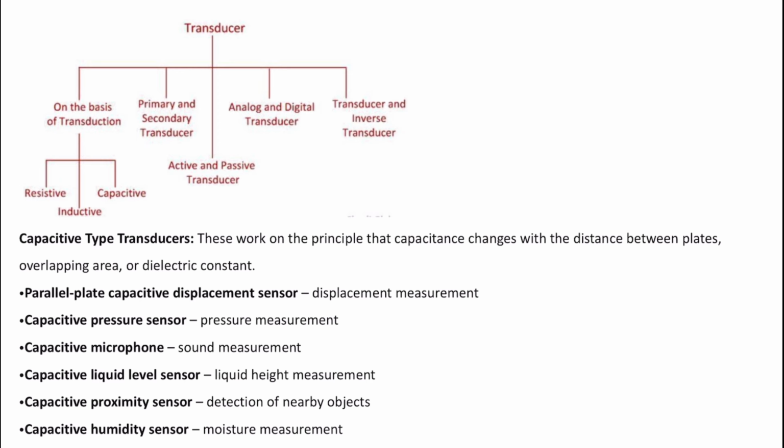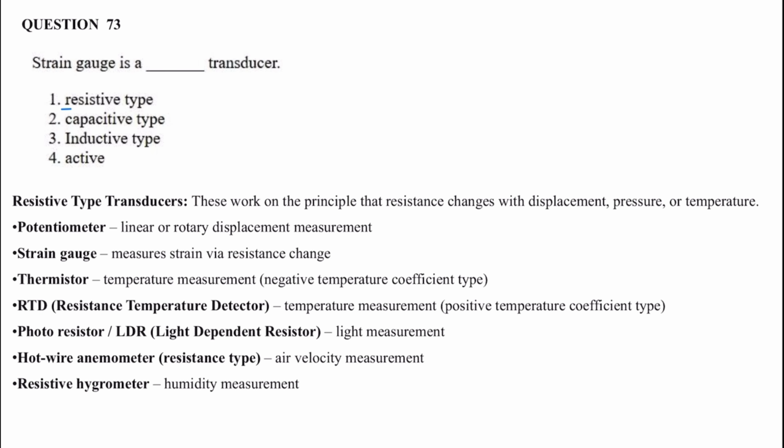Based on the transduction, transducers are classified into three types: resistive type transducer, capacitive type transducer, and inductive type transducers. Different resistive type transducers are potentiometer, strain gauge, thermistor, RTD, photoresistor, hot wire anemometer, resistive hygrometer. This strain gauge is a resistive type transducer. Correct answer is option 1.